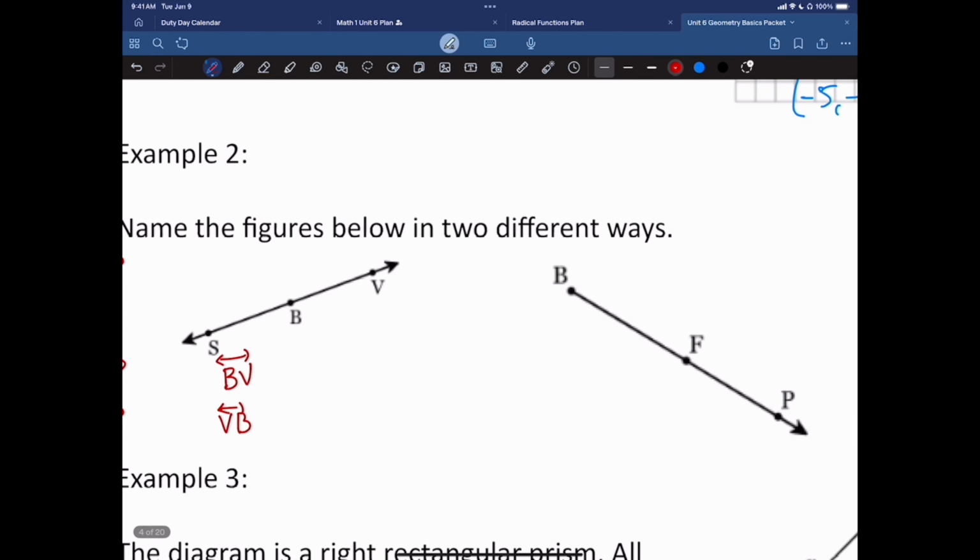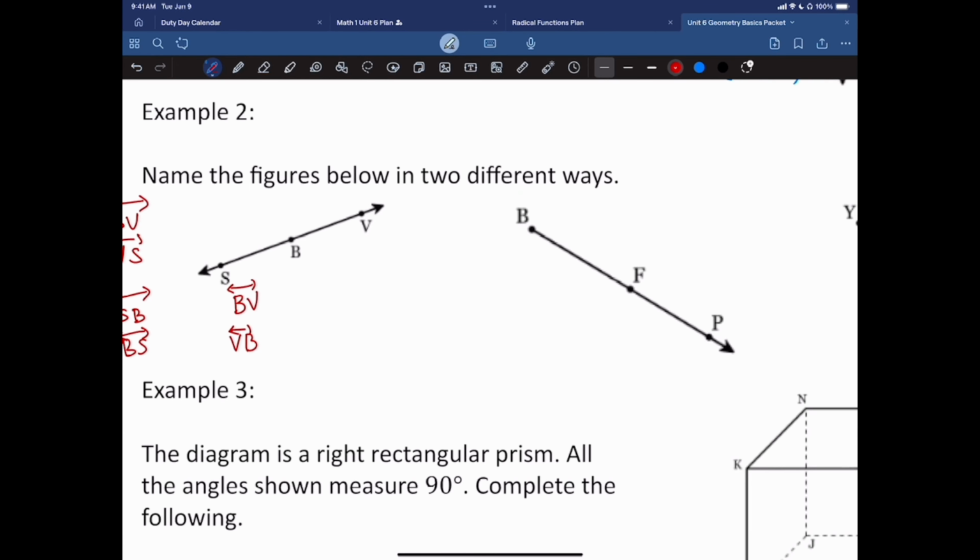Okay. Now with rays, we have to be a little more selective in the points we pick. We have to reduce it down, right? So for all my rays, I need to include this point here. So one of the rays we can do is BF. And again, the B is my endpoint, so I'm going to do a line going towards F, right?